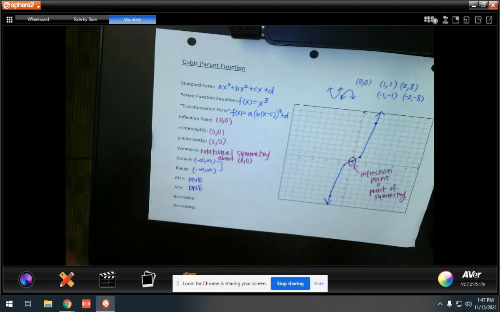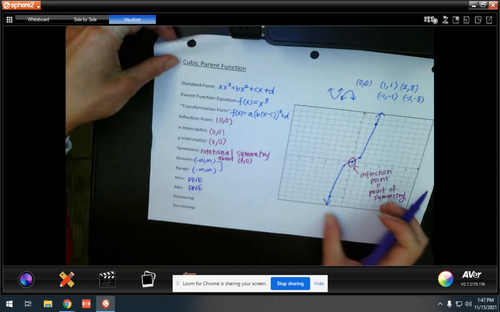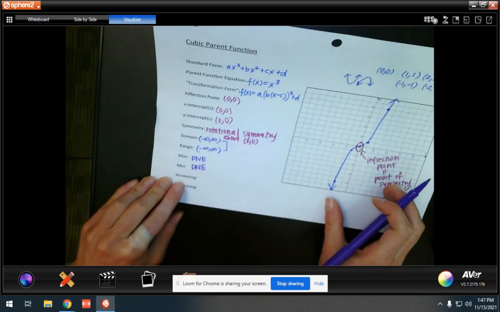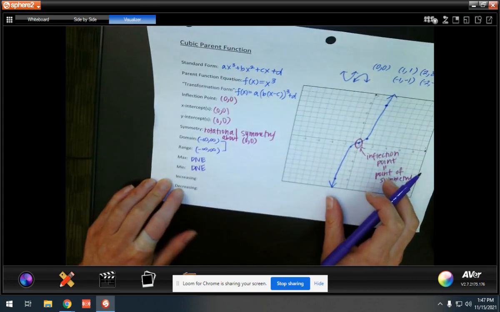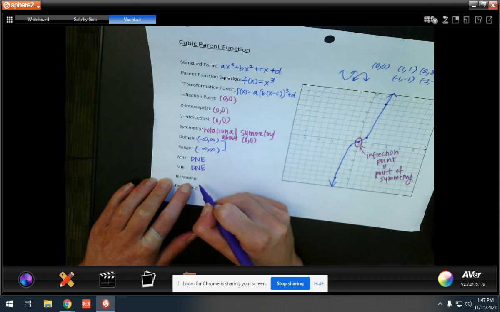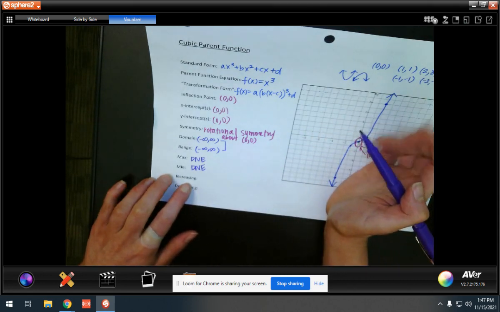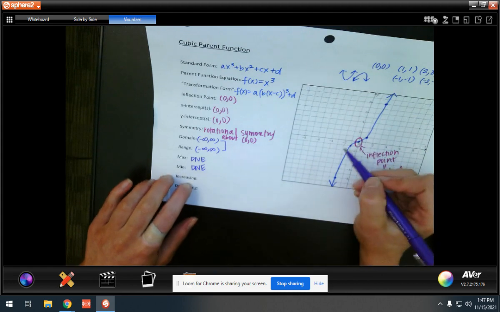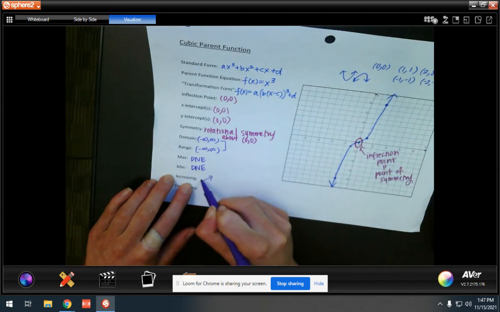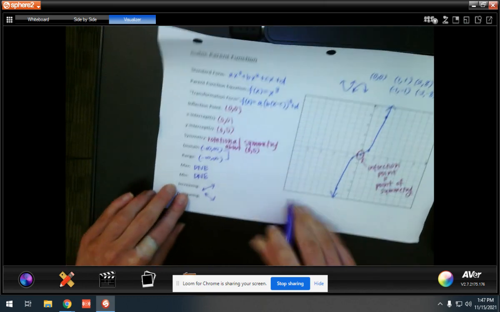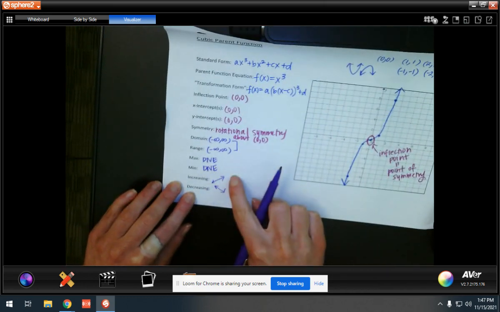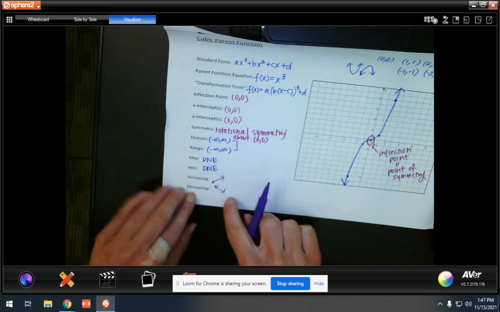Okay, and so some vocabulary that we're going to be using a lot for this is increasing and decreasing. And so increasing means the function gets larger as you go to the right. And so the way I tell if something is increasing, I think of a positive slope versus a negative slope. Okay, and so positive is going up the mountain, negative is going down the mountain.